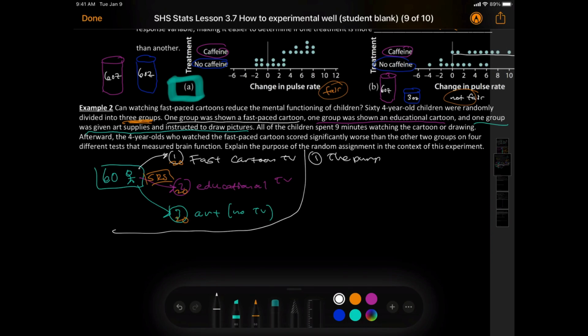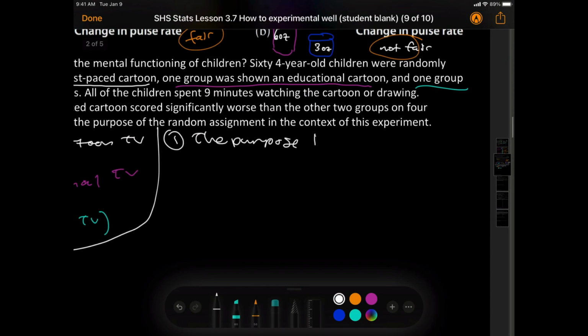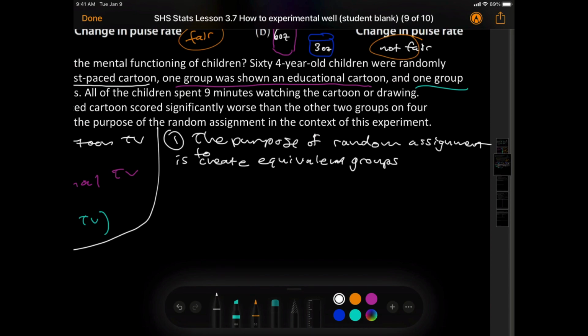The purpose of random assignment is to create equivalent groups at the beginning of the experiment. That's kind of like our purpose or goal.